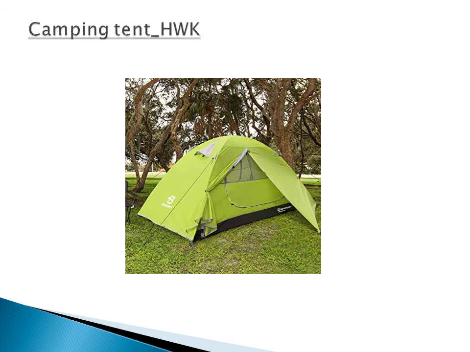It should be easy to carry. It has to be flexible because you have to fold it and take it back again with you. And it has to have certain transparent materials, and the material has to be very durable because if it rains heavily, it has to be waterproof.